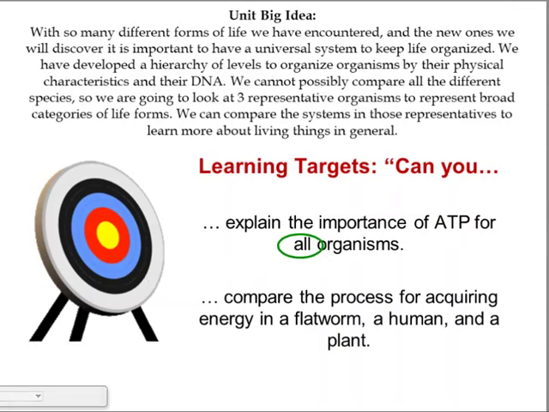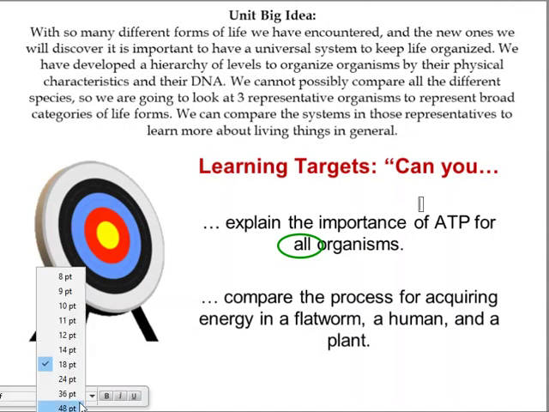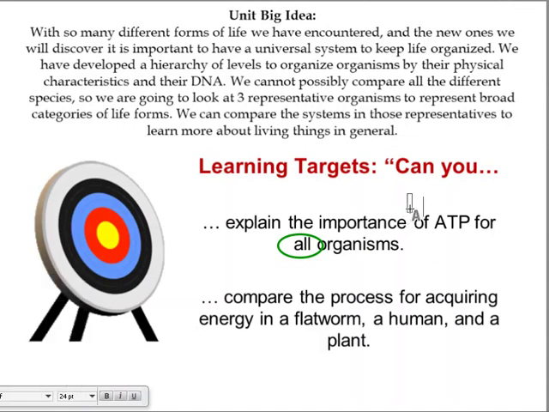Now, remember that ATP was the energy currency. Do you remember we talked about that when we talked about photosynthesis and energy last semester? It's the energy currency. It's how we pay for stuff to get done, work in our bodies. All bodies, all organisms have to go through this.